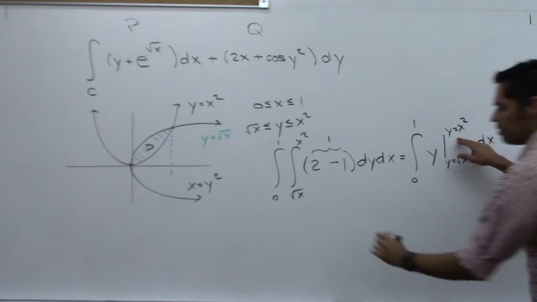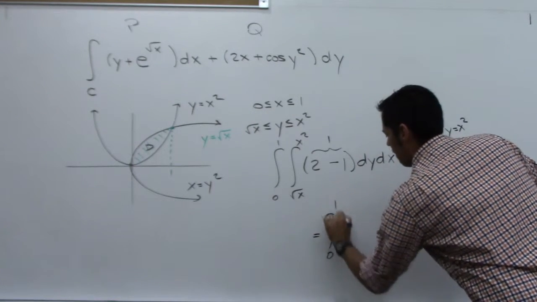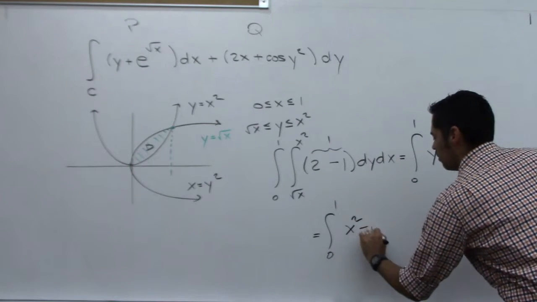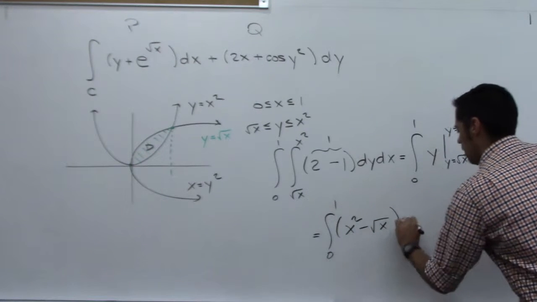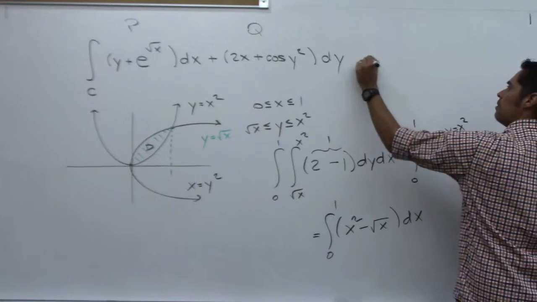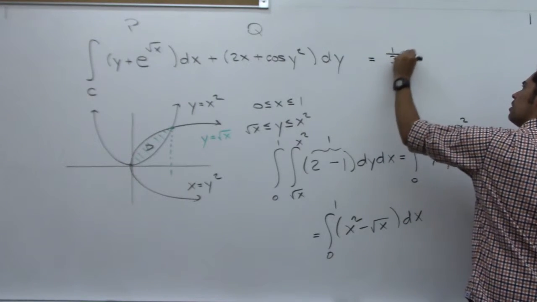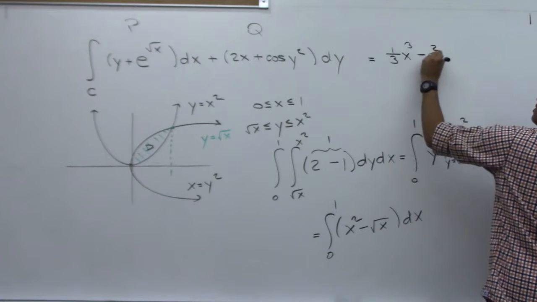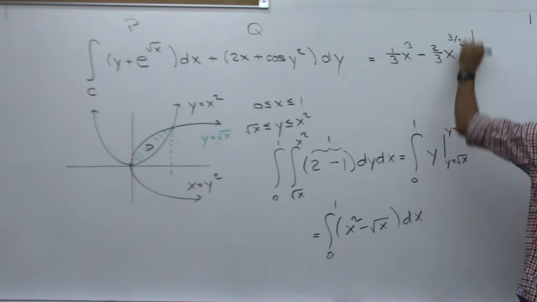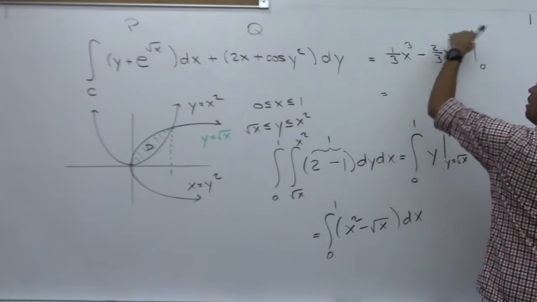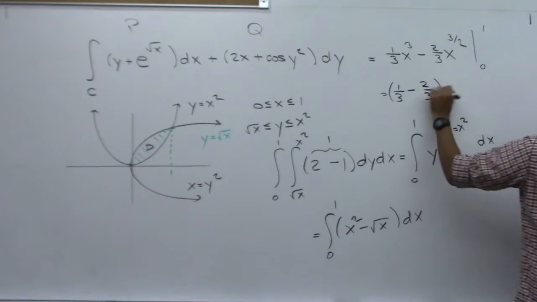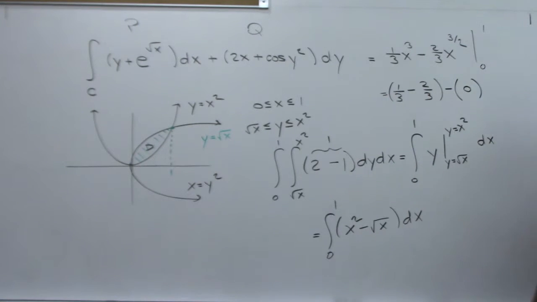I plug in first x squared, I get x squared. When I plug in this, I subtract root x. And I'm integrating that with respect to x. The antiderivative of that is 1/3 x cubed minus 2/3 x to the 3/2, from 0 to 1. When I plug in 1, I get 1/3 minus 2/3, minus when I plug in 0, I get 0.